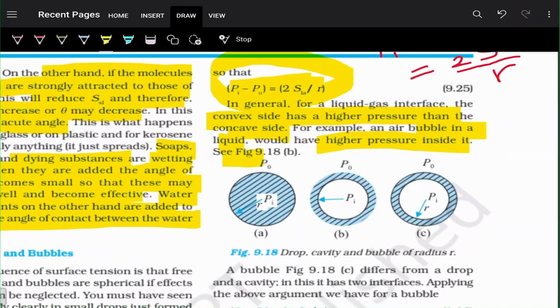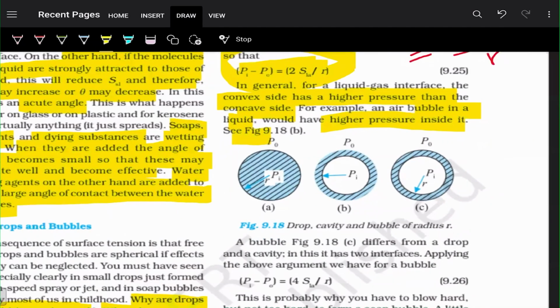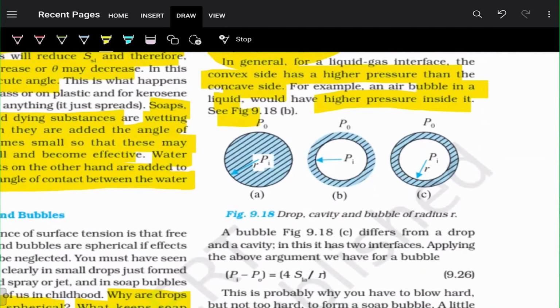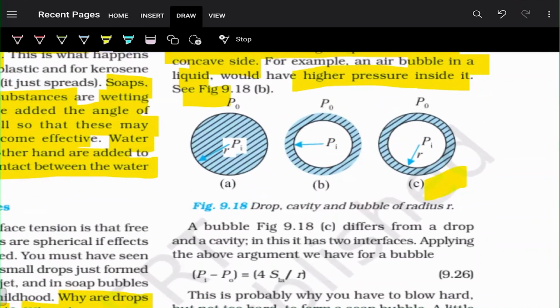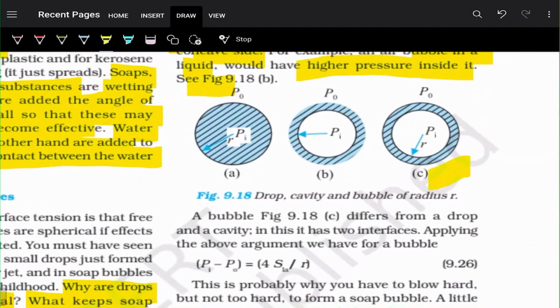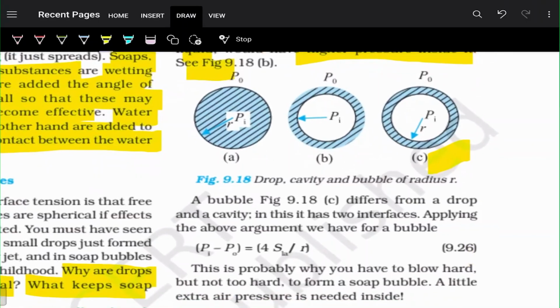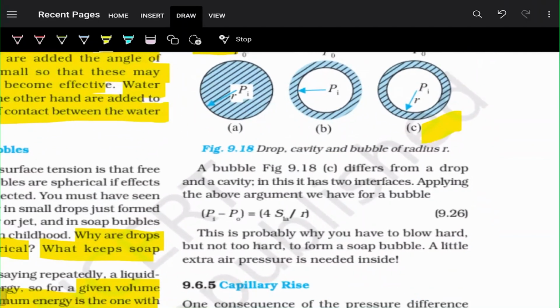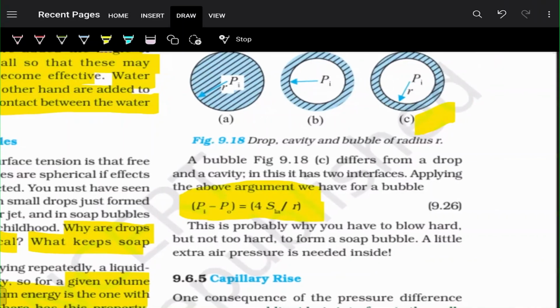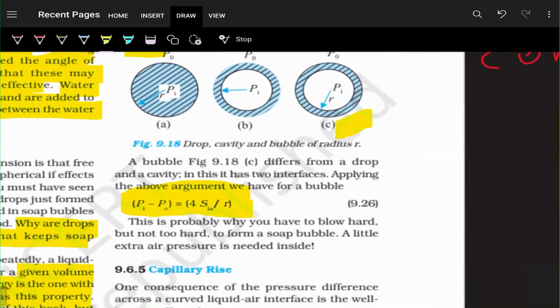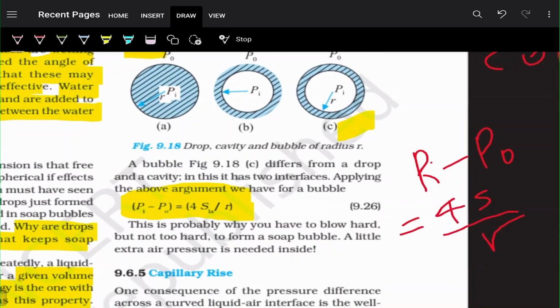Okay, simple. We have a figure of a bubble, 9 point. This is a bubble, different from a drop and cavity. In this it has two interfaces. So two interfaces ആകുമ്പോൾ, applying the above argument, നമുക്ക് എന്ത് കിട്ടും? Pressure inside minus pressure outside is 4 into surface tension divided by r. ബബിളിന്റെ കേസിൽ excess pressure, that is P inside minus P outside, 4 times surface tension divided by radius r ആയിരിക്കും. അത് ഡ്രോപ്പിന്റെ കേസിൽ 2 times ആയിരിക്കും.